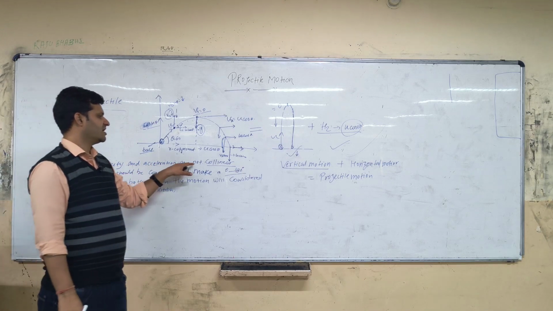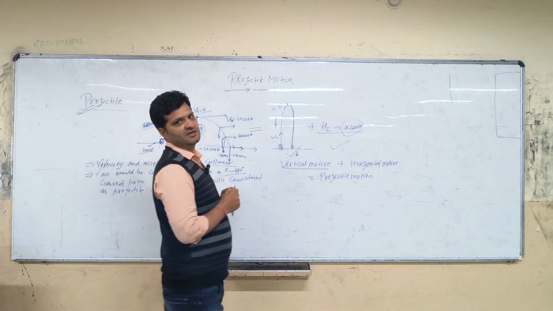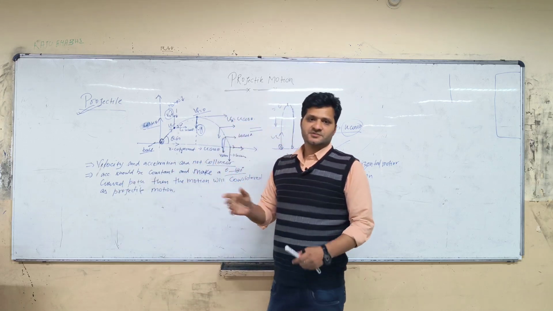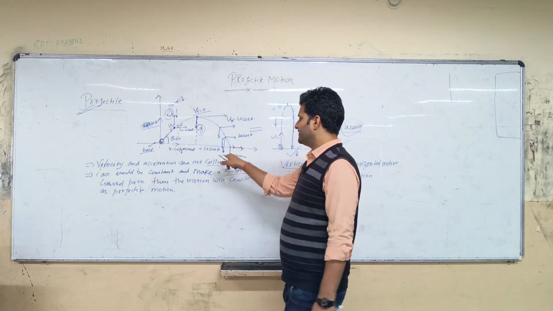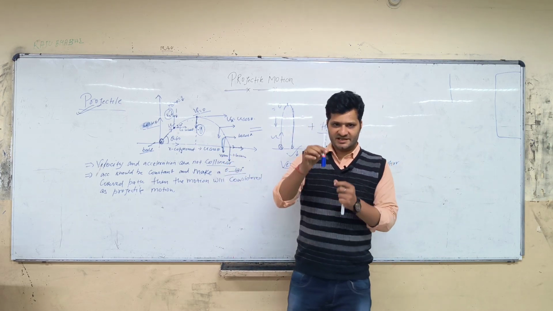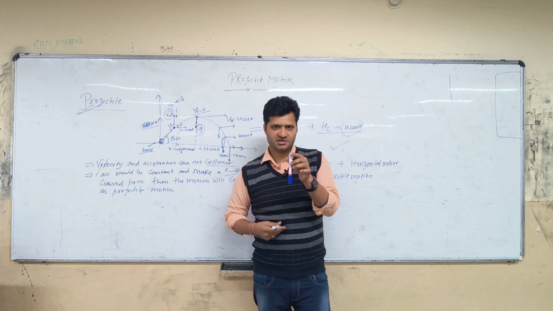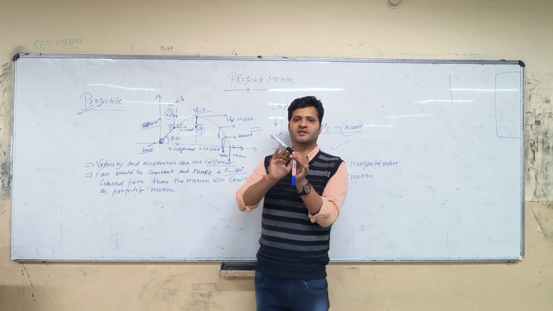Velocity and acceleration are not collinear, because everybody knows once the velocity and acceleration become collinear, it will cover a straight line path. But if it is not collinear, suppose g is acting in the downward direction and velocity is at a certain angle, then what type of path will be covered?